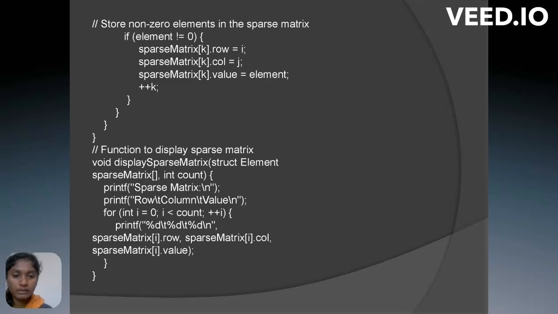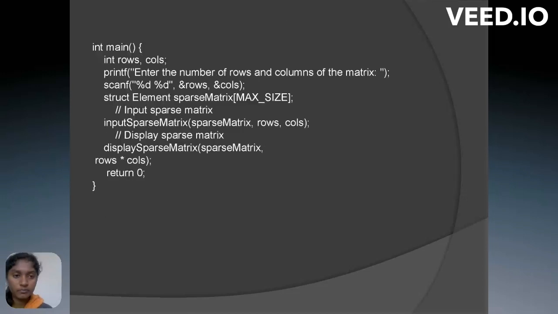Next, int main. This declares variables rows and columns to store the number of rows and columns as input. Then it declares an array of element structures called sparseMatrix with the matrix size of MAX_SIZE.